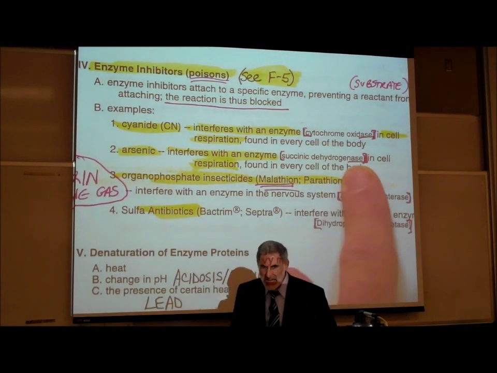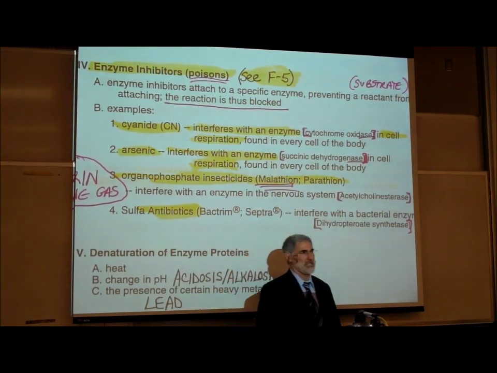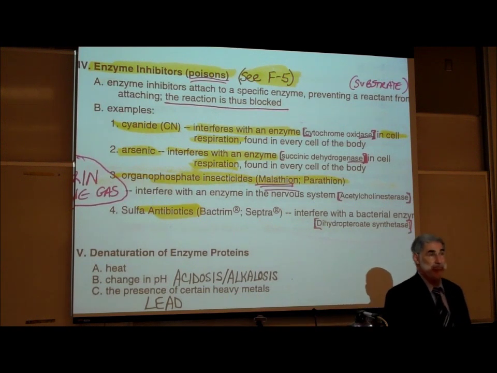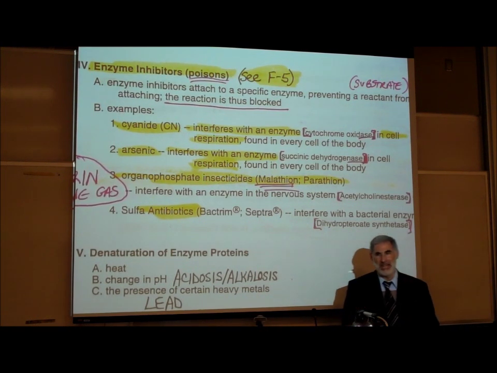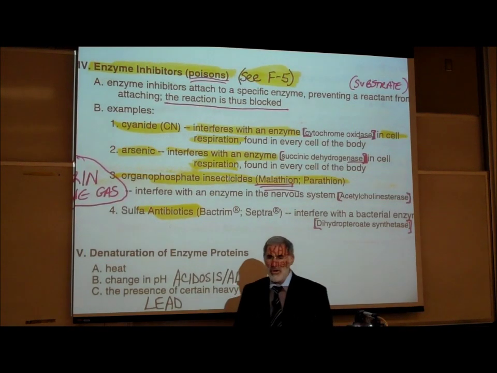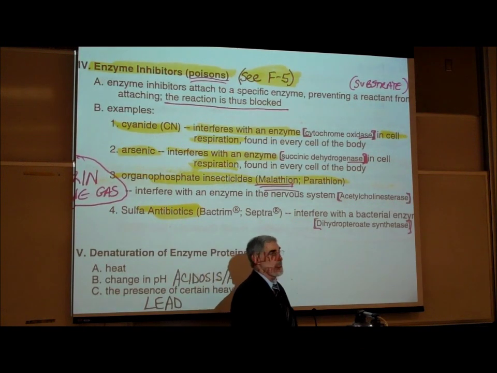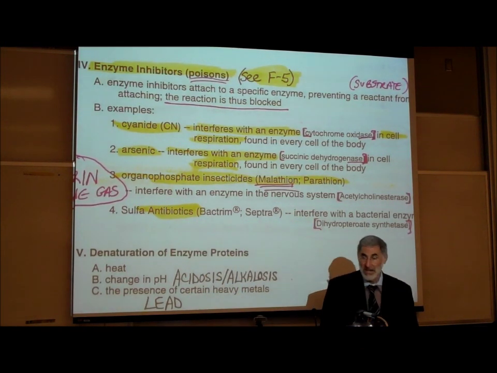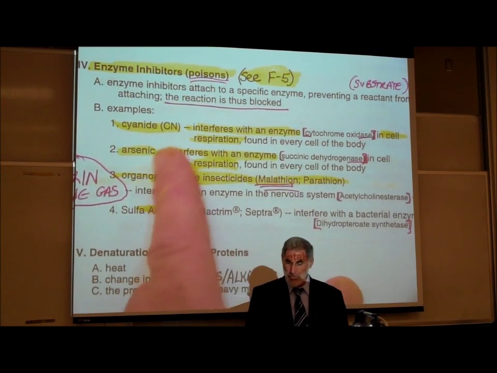Interestingly, this is another enzyme also needed in cellular respiration to produce ATP. There is more than one enzyme needed to make ATP in the mitochondria. So again, if arsenic stops this other enzyme from producing ATP, you're dead. So arsenic is also quite a lethal poison.